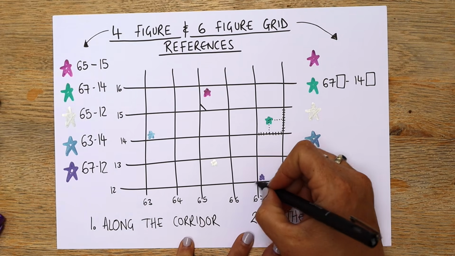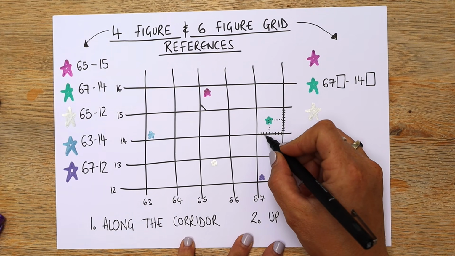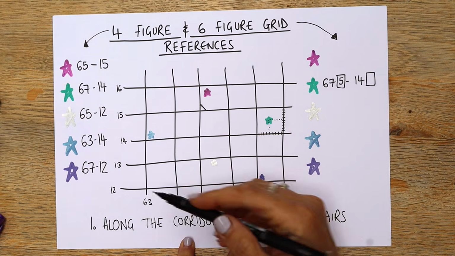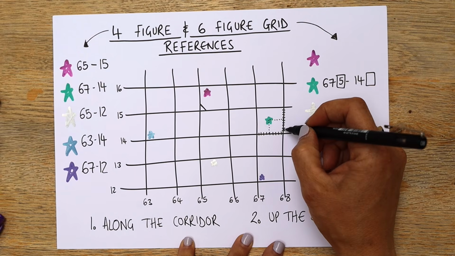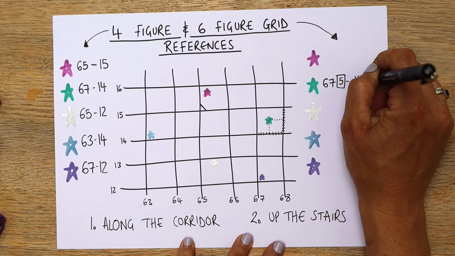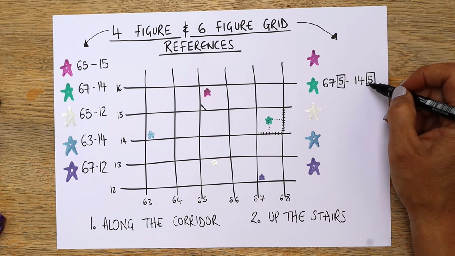So I'm going to go across to 67 and then 1, 2, 3, 4, 5. There we go, 675. And then up the side, 14, 1, 2, 3, 4, 5. Because it is in the middle, that's about right, isn't it? So 675, 145.